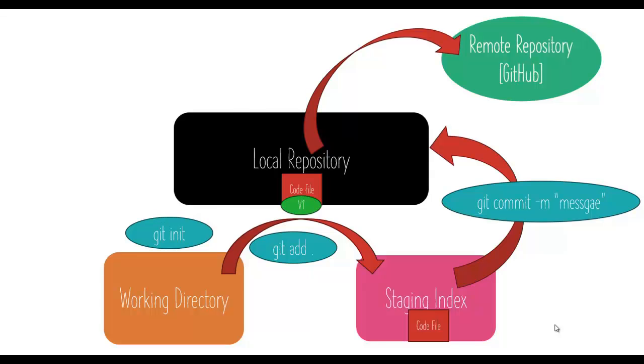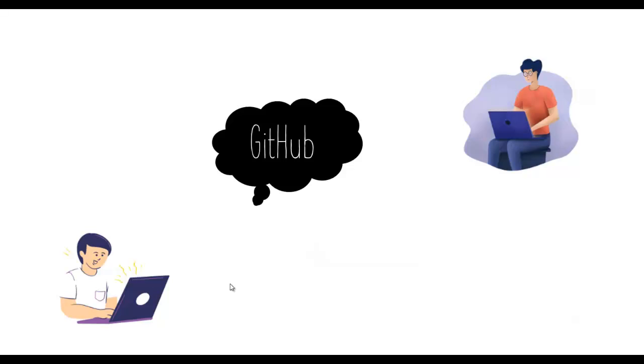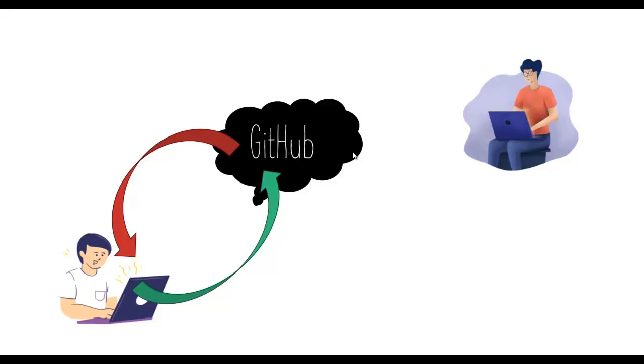Let's break it down visually. So here's you and here's your friend. In the middle, we have the central repository on GitHub, which is in the cloud, right? So right now, the latest code is available on GitHub. Let's assume that. You will pull the latest code from GitHub, work on adding a new feature, and then push your changes back to GitHub.